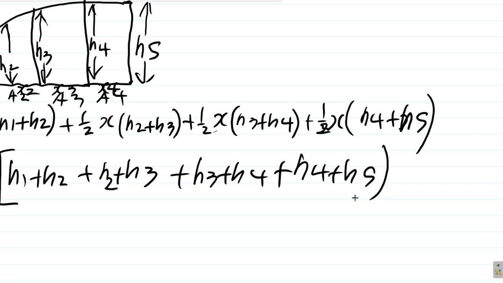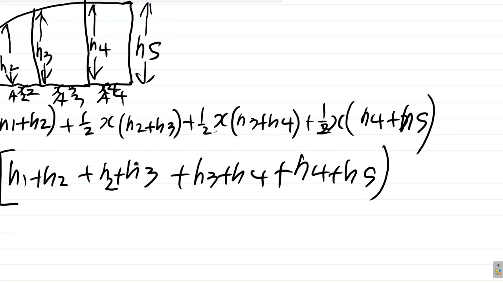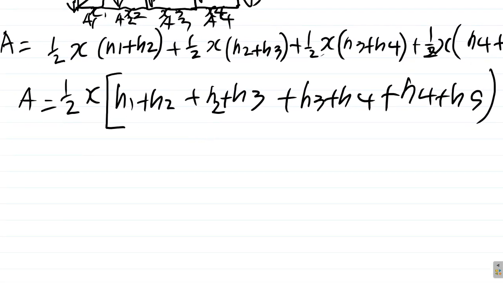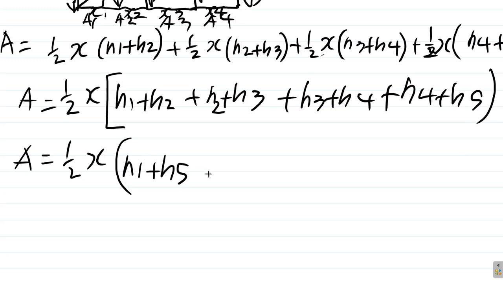You see that? We're just looking at how the trapezium rule is formed before we use it. So it's half times the width X times what happens in the bracket. There's 1 H1, and there's 1 H5.